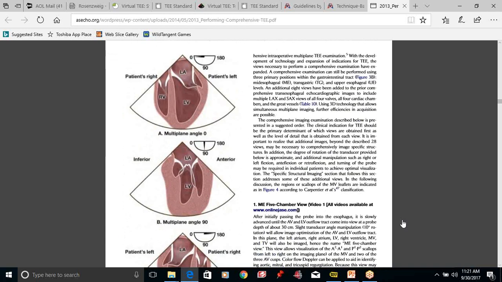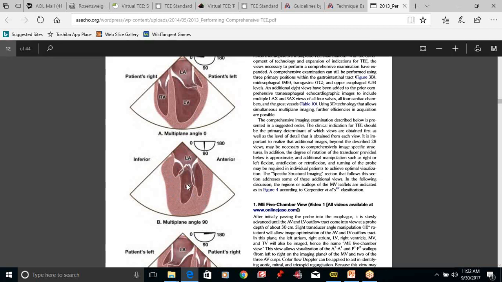Let's see if we can play that, and then if you move it through 90 degrees, you get something looking like this, where this is the inferior wall and the anterior wall. Because of how the probe is positioned, this is not your anterior wall, this is your inferior wall. And then this is going to be your anterior wall, left atrium, of course, and your left ventricle.